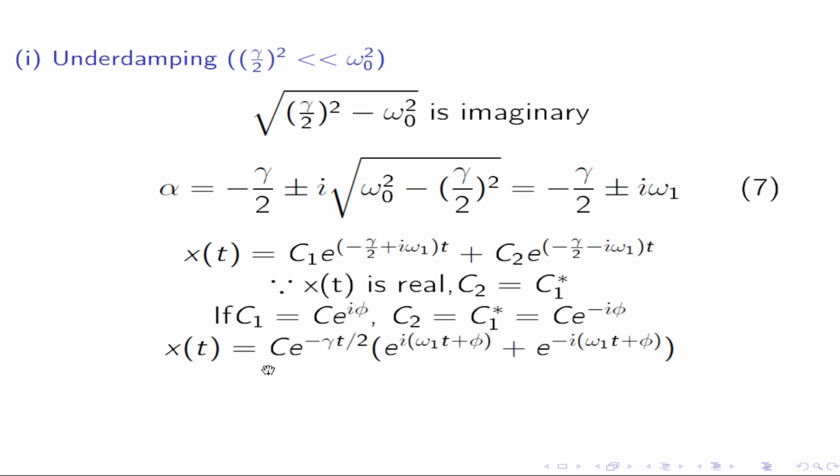Therefore x(t) = c e^(−γt/2) (e^(i(ω1 t + φ)) + e^(−i(ω1 t + φ))).